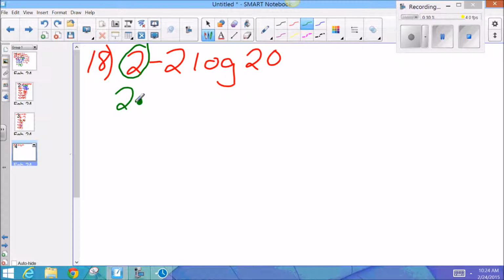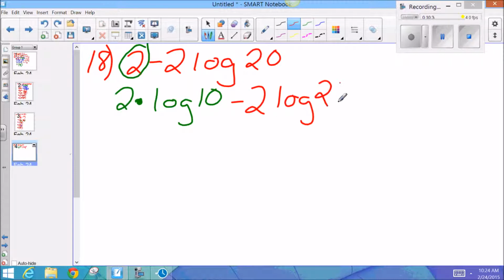Well, which log base 10 is equal to 1? And the answer to that question is the log of 10. All right, so 2 times 1 is 2. 2 times the log of 10 is 2. Okay. All right, so now we can take these coefficients and change them to exponents.